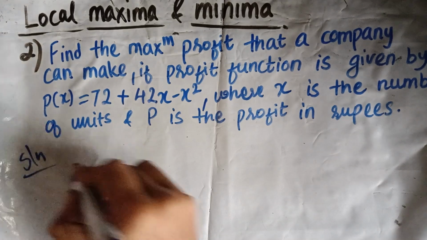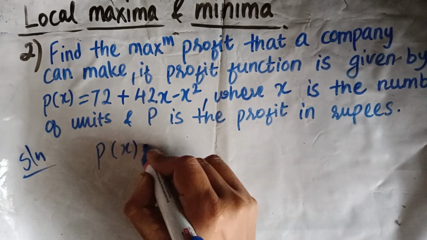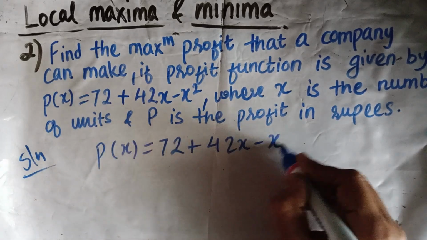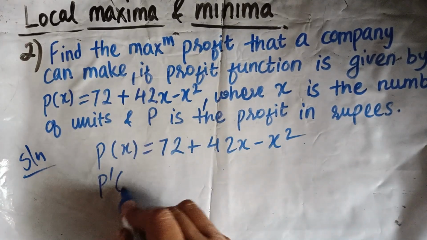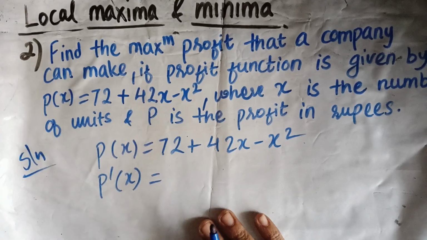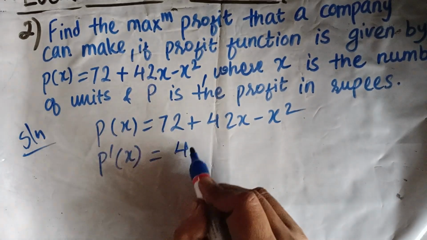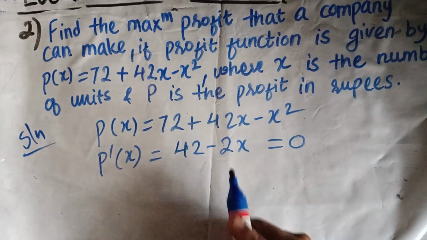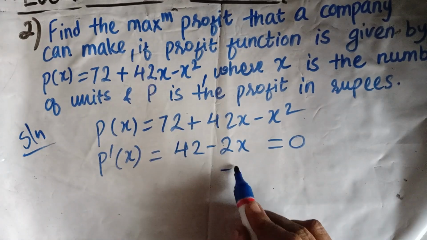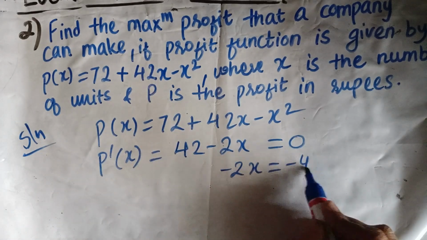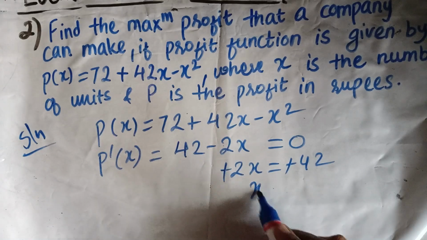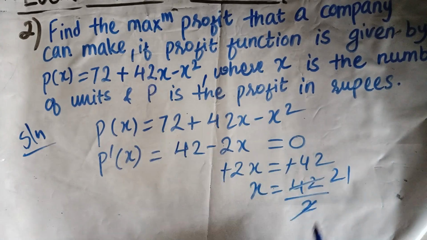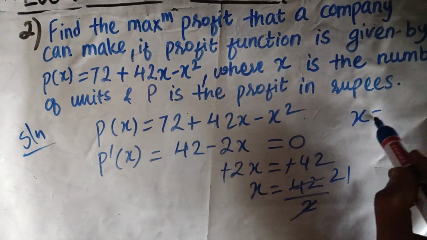So this function is P of x. First you find out the first derivative, equate it to 0 to find x. So x is equal to 21.